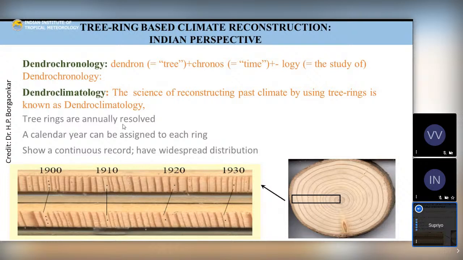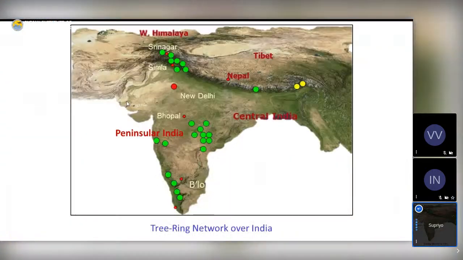There are other advantages, like continuous records being available and widespread distribution. The rings are first assigned their years, and then climatic information is extracted by studying either ring width or isotopic compositions. Density is also measured, which is sensitive to some climatic parameters.